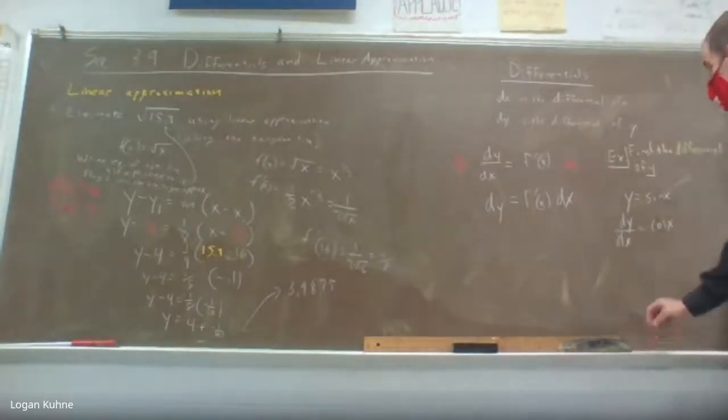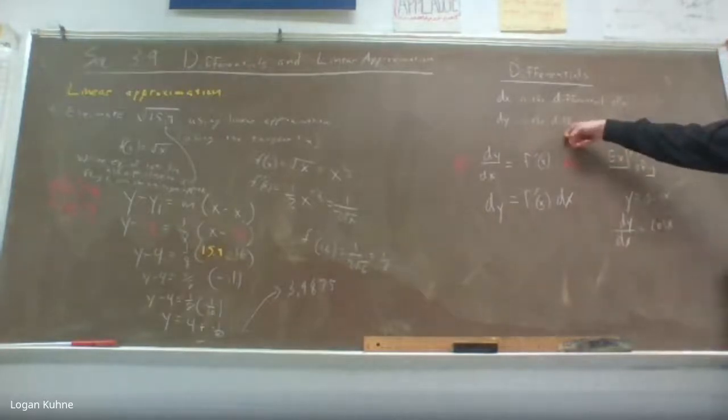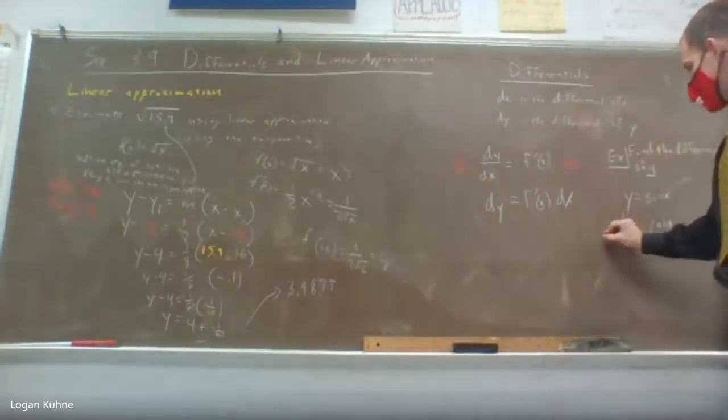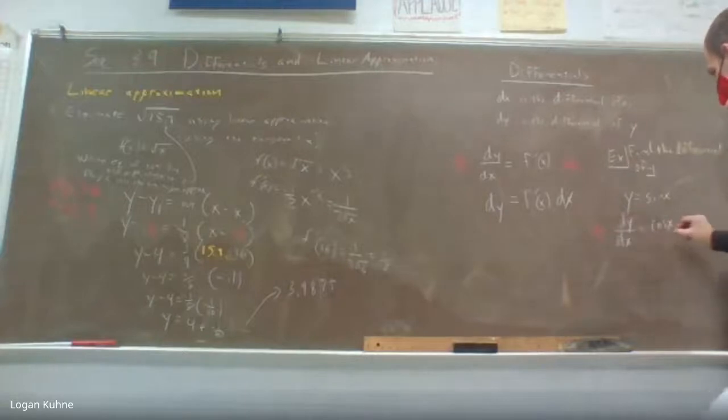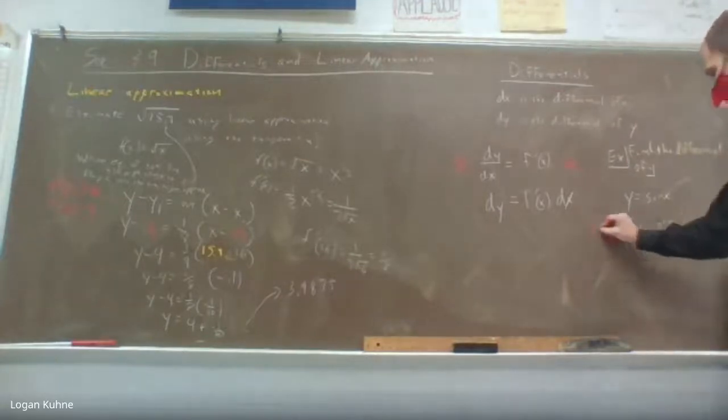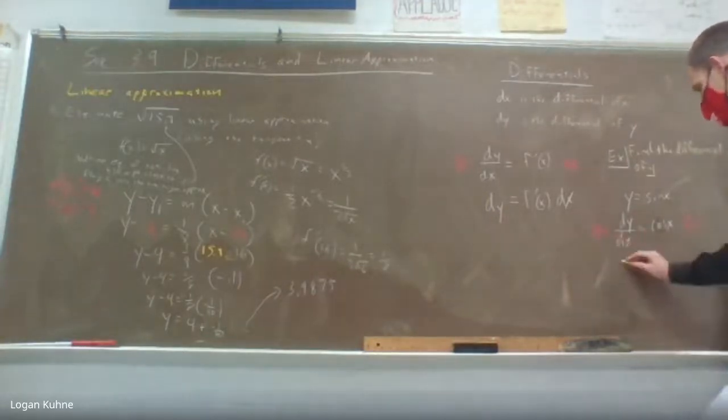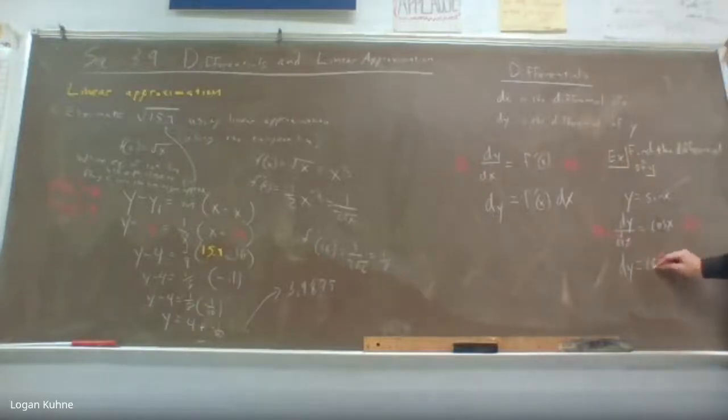To get the differential, dy is the differential of y. So I'm going to multiply both sides by dx to get rid of this down here. dy is equal to cosine of x dx. That's the differential of y. No, it's not hard.